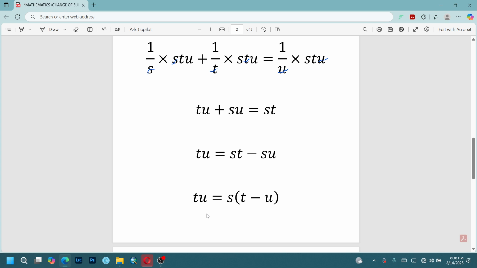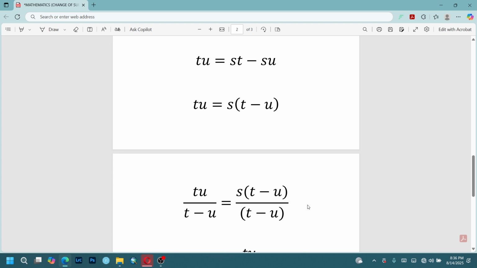So that means we are canceling out the right hand side with t minus u, and we have to also cancel the left hand side with t minus u. So in doing so, we are going to get the equation: the fraction TU over t minus u equals the fraction s multiplying t minus u, all in brackets, over t minus u, all in brackets.